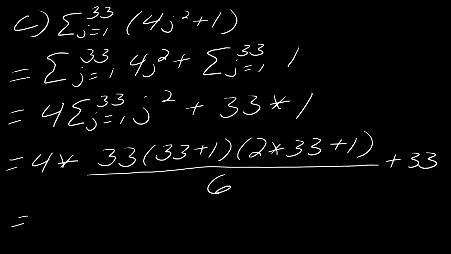Don't forget that we still have this calculation at the end, so you have to have this plus 33. So I'm going to have 4 times 33 times 34 times 67 divided by 6 plus 33. This comes out to 50,149. I would have hated to have to calculate all of these terms from 1 to 33. This is a huge sum, so this was actually a pretty nice way to go about this.